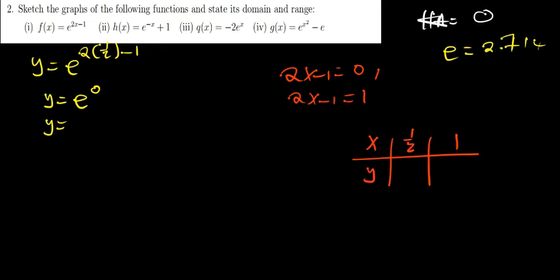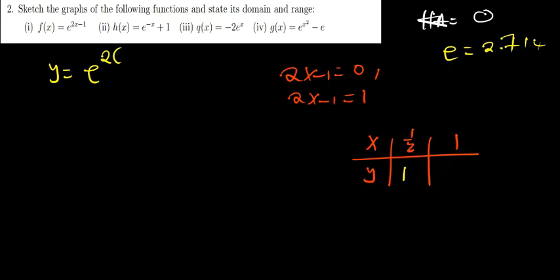Any number to the power 0 is 1, so this is 1. Then y is equal to e raised to the power 2x minus 1, where there is x we put 1. That gives me 2 minus 1, which is e to the power 1. Any number to the power 1 is the number itself. So you don't have to replace e with 2 point something, but you should just keep in your mind that e is approximately 2.7 something.